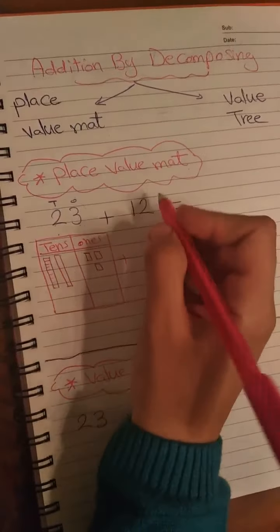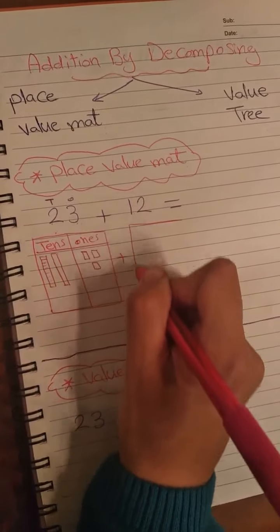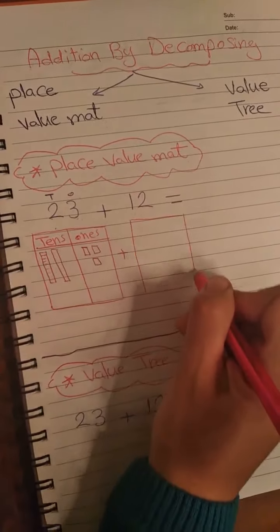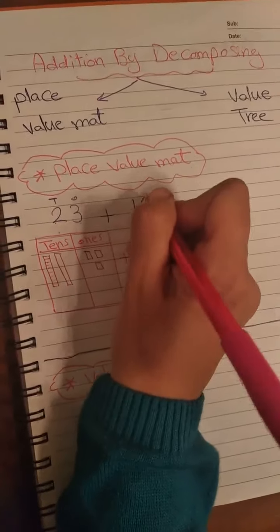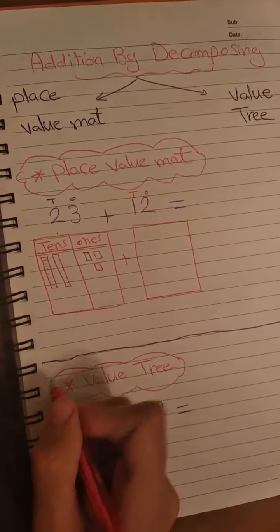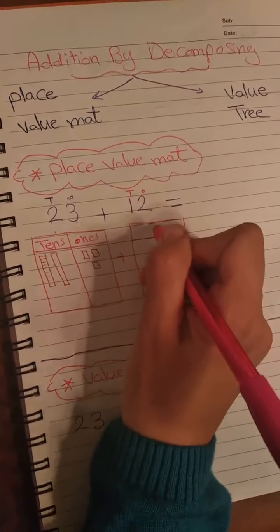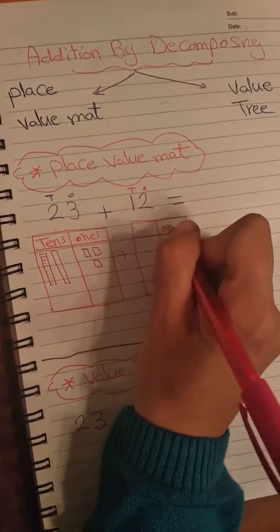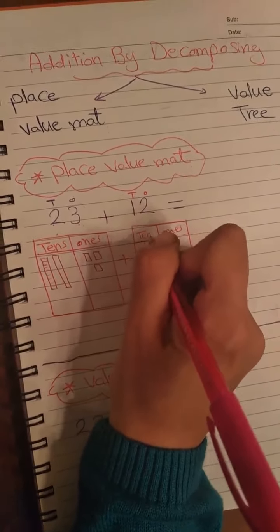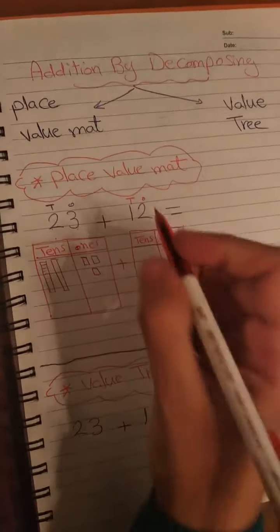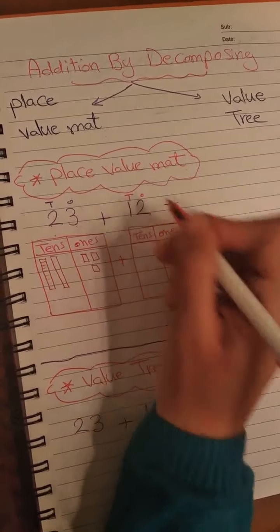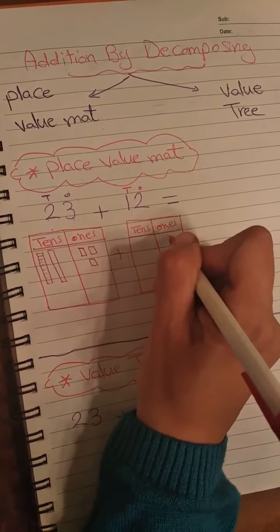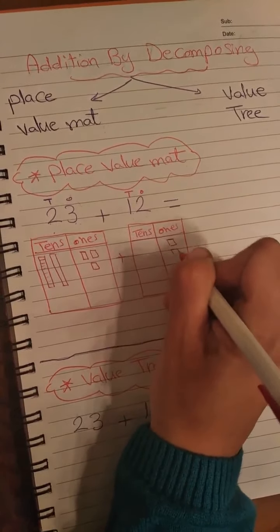Let's draw another mat for the second addend, which is 12. Here in 12 I have ones and tens, so I will make one mat of two places, ones and tens. And here I have 2 ones, so I represent them using 2 small squares.